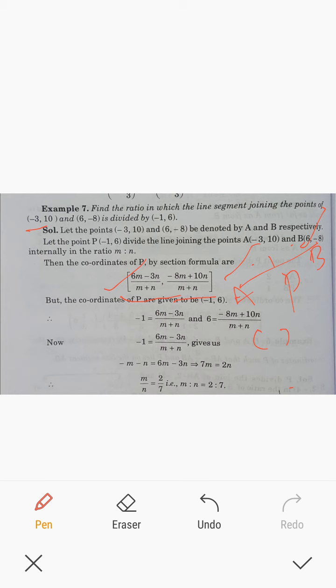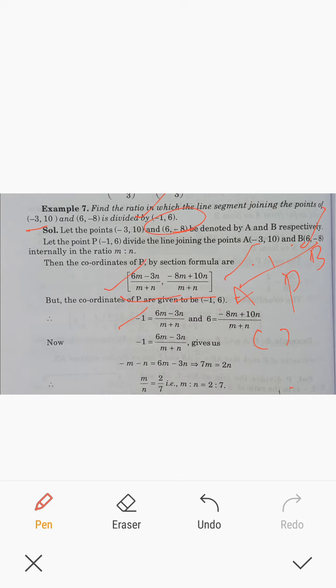Here the point of division is not minus 3, 10; minus 1, 6 is the point of division. So the x coordinate of the point of division is minus 1. So minus 1 is equal to (6m minus 3n) by (m plus n).